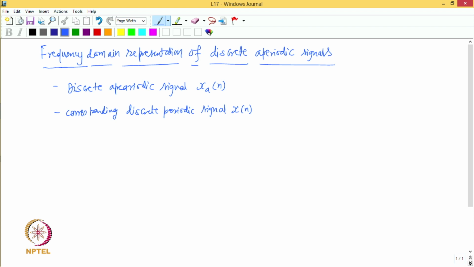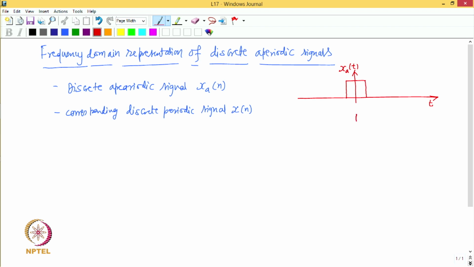If we show it by a figure, let us consider a pulse signal. This is nothing but the signal xa(t), the continuous signal, and let us say this signal is like a rectangular pulse signal.